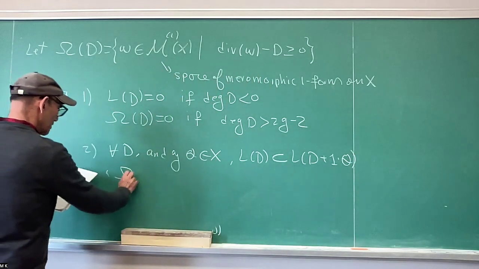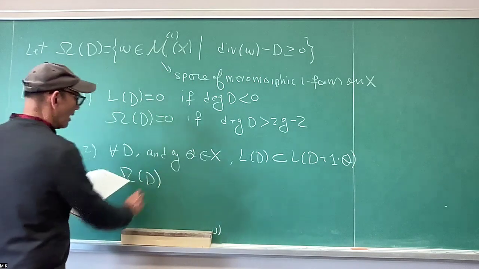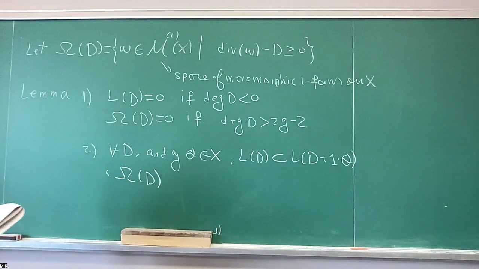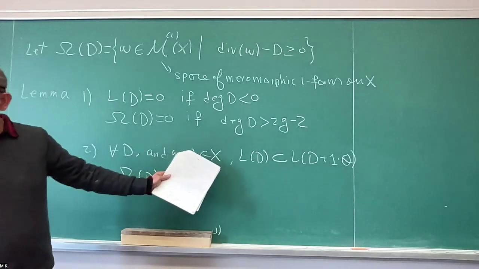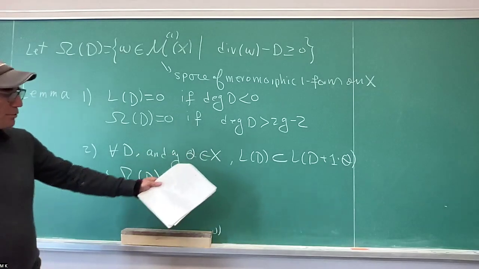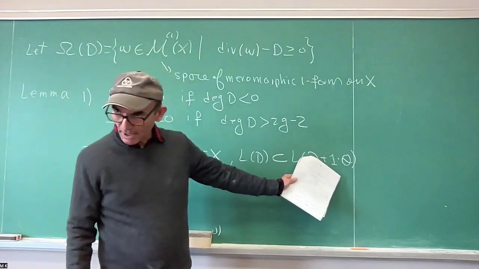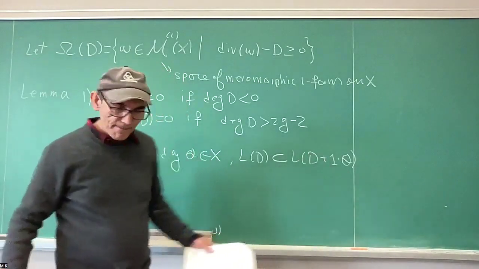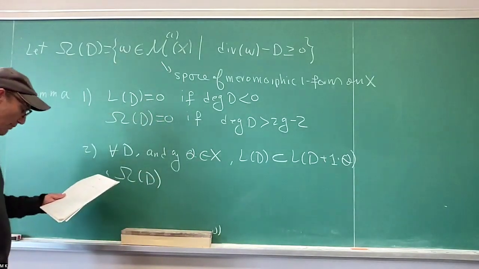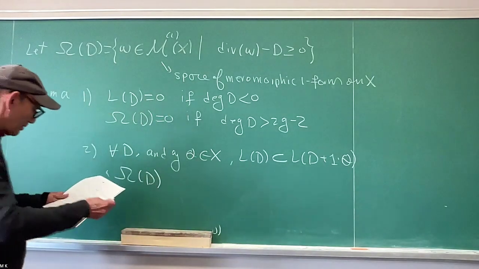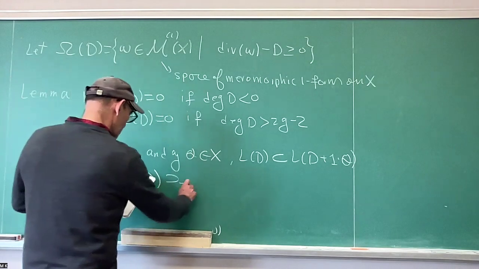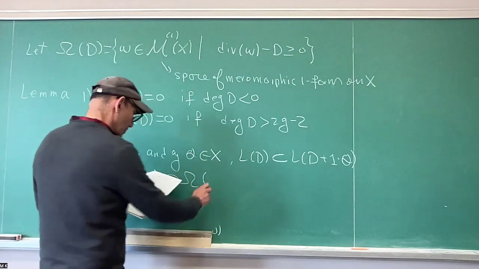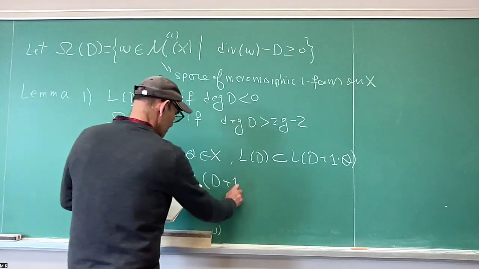Is Q a point? Q is a point on X, yeah. Just any point you want to take, and then you form this divisor, which is 1 times that point. So it takes value 1 at that point and 0 everywhere else, right? Okay, good. So we have omega of D goes the other way around, it contains omega of D plus 1Q.